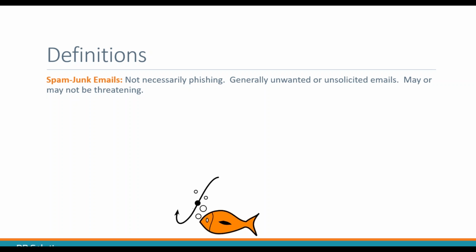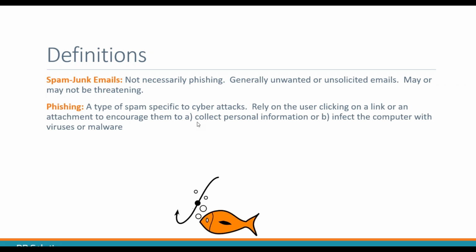And I would imagine that anyone here who has any kind of sophisticated email system is probably using a spam filter, which works pretty effectively for blocking spam. A little less so in terms of fighting against phishing attempts, which we'll talk about in a second. But phishing is a little bit different. It's a type of spam, and it's really specific to cyber attacks.